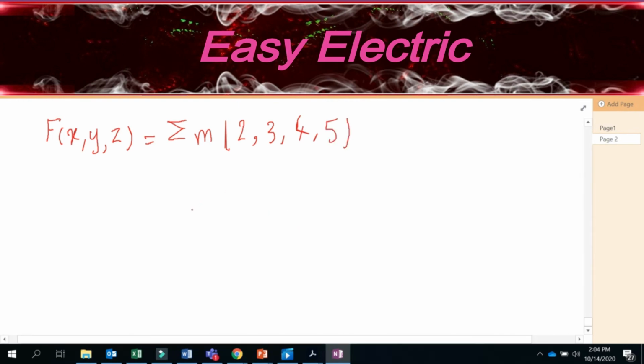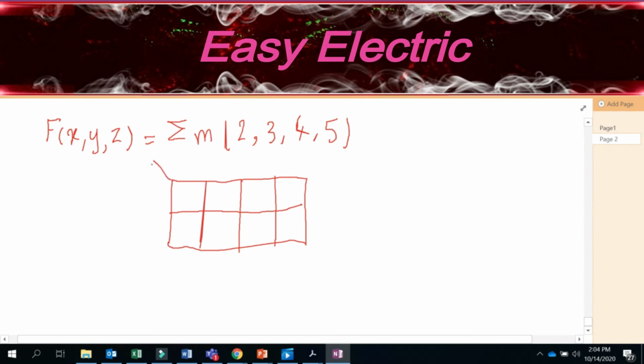As usual, you have 3 variables, so the K-map should have 8 squares. So you make the K-map with 8 squares. You usually put x here, y, z here, and we usually put 0 here, 1 here. The columns should be 00, 01, 11, 10.